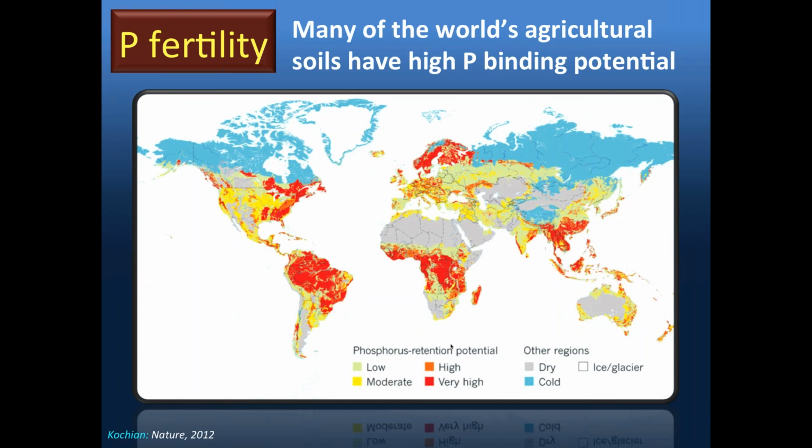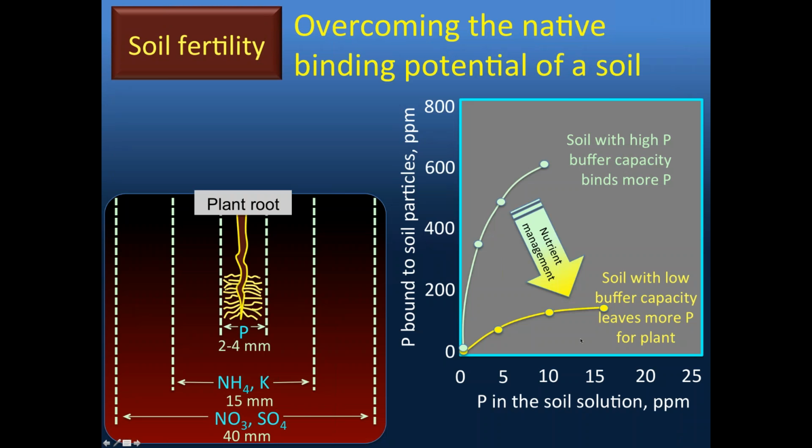So there are two different graphics right here. One of them, on the lower left, shows a plant root and shows the fact that phosphorus, from an agronomic standpoint, from the standpoint of growing crops, is a relatively immobile element. In fact, our crop roots more or less have to grow to the phosphorus in the soil in order to retrieve it.